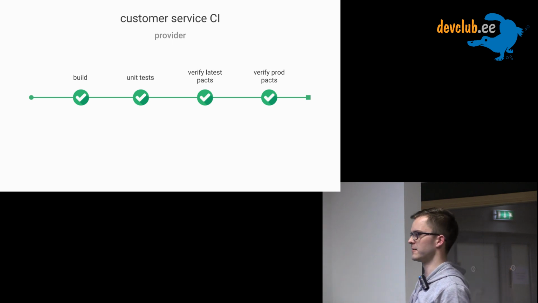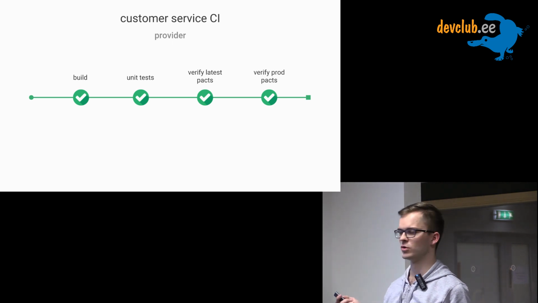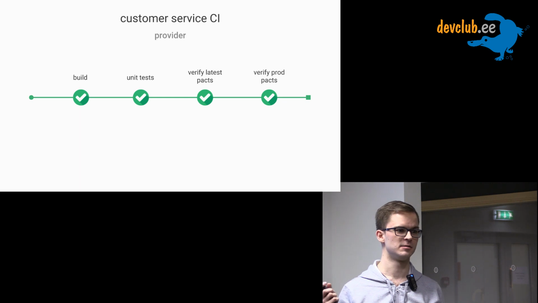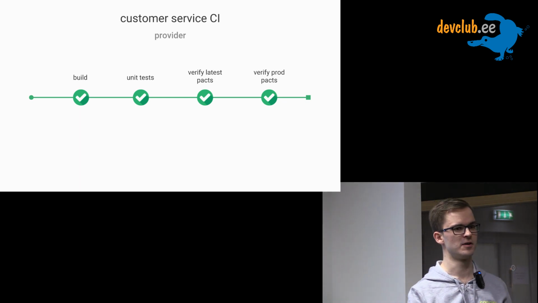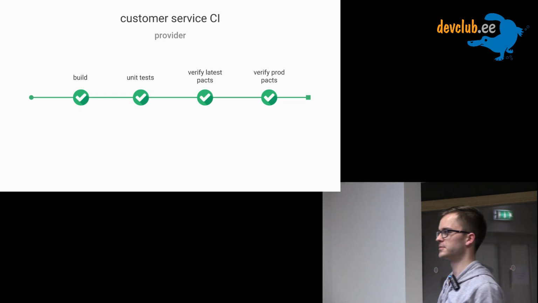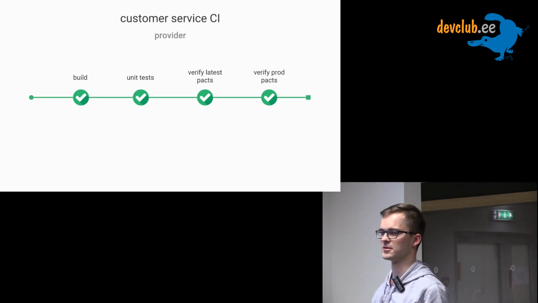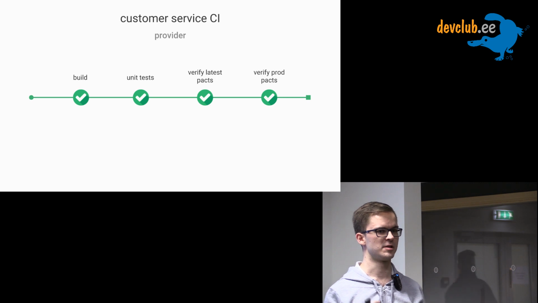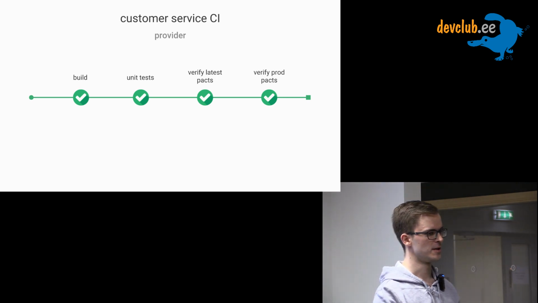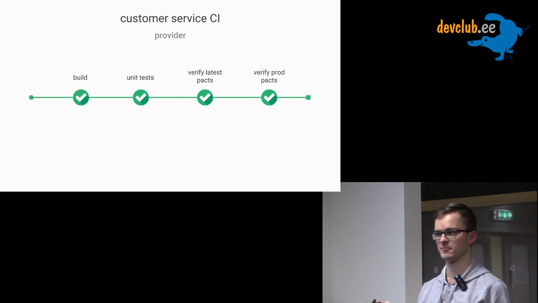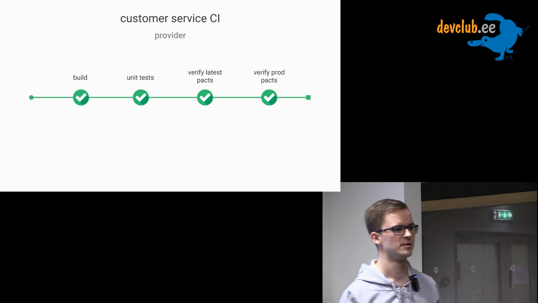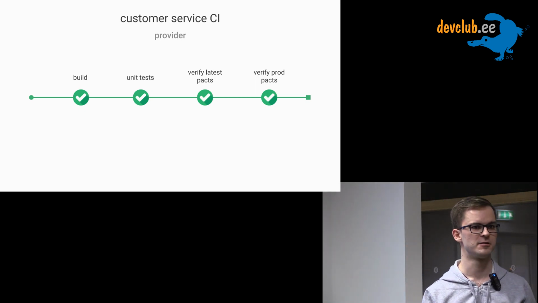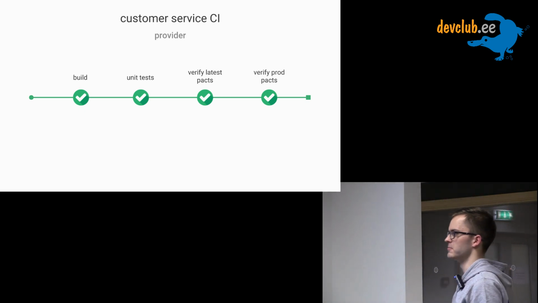And the final step could be it will verify the Pacts that were made by the production versions of the other collaborators. This ensures that whatever change I made is actually backwards compatible with everybody else. And this test is done in your CI build that you run continuously all the time. So you will start to catch these errors if you break backwards compatibility.